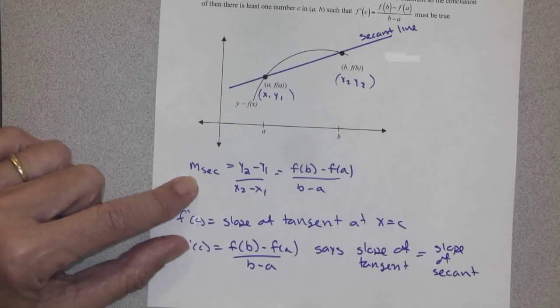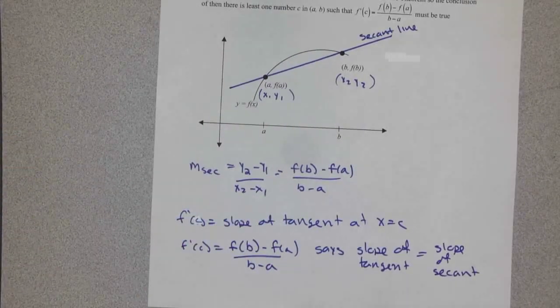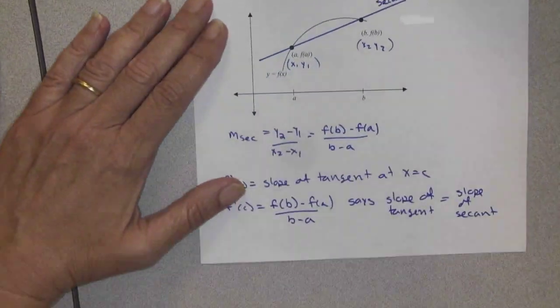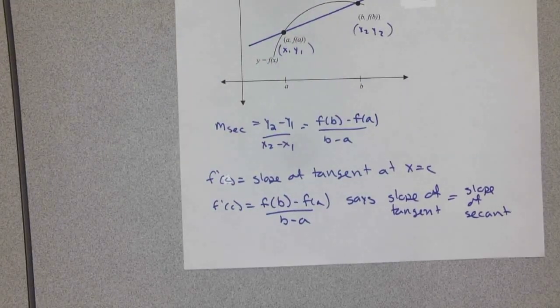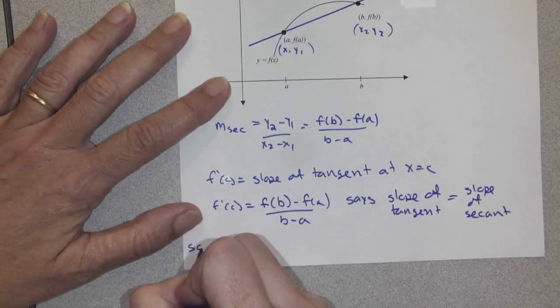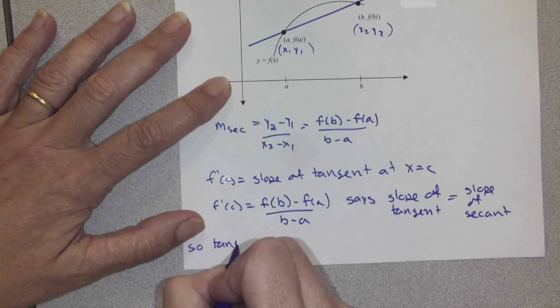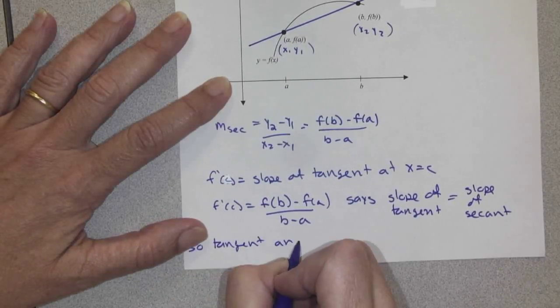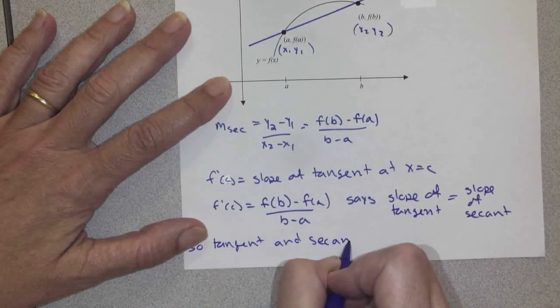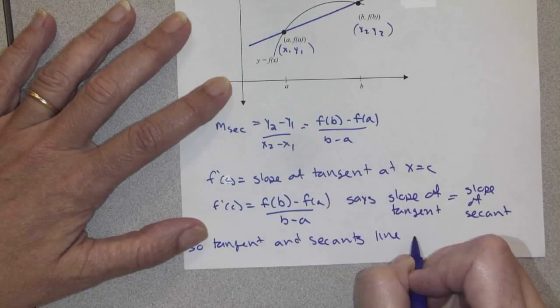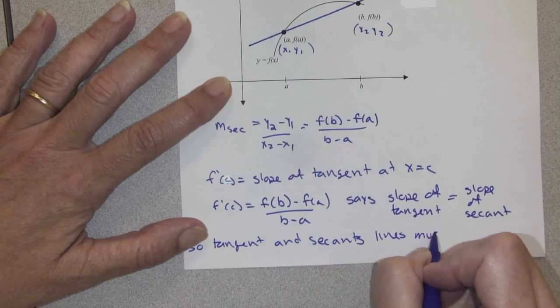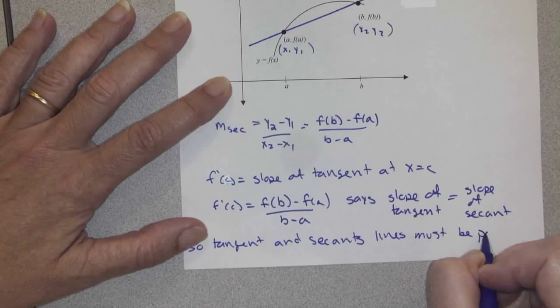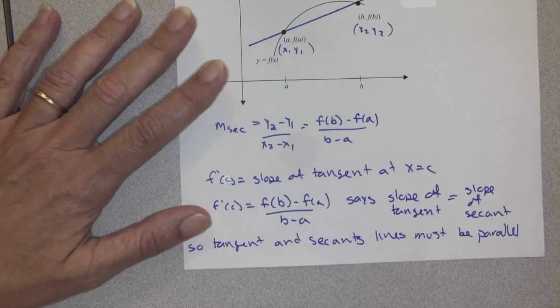So we already said that that guy was the slope of the secant, f of b minus f of a over b minus a. Well, if the slopes are equal, what does that tell me about those lines? So tangent and secant lines must be parallel.